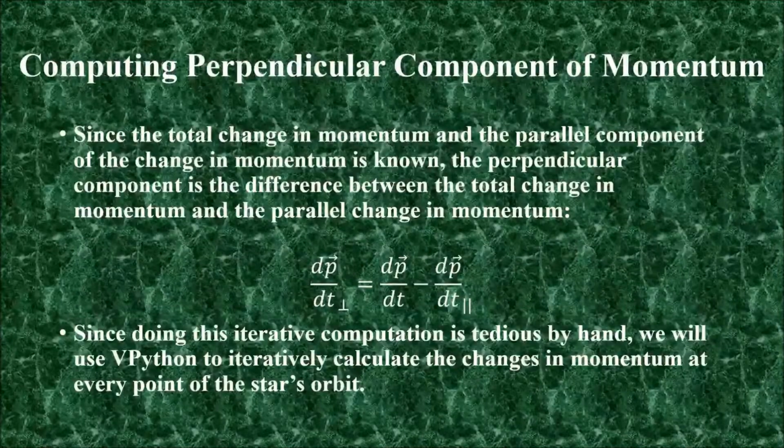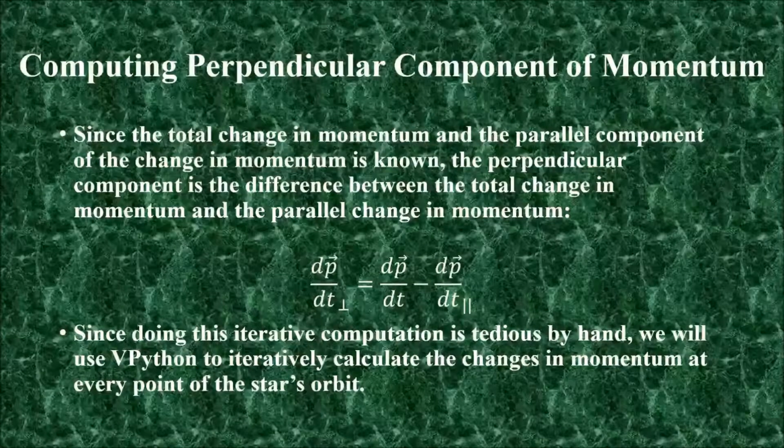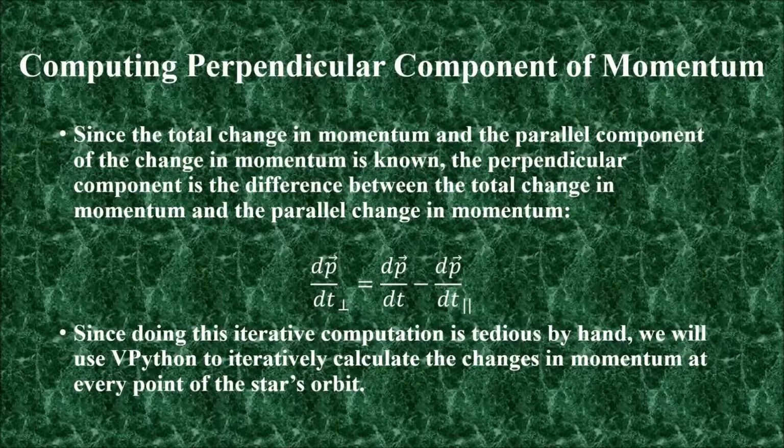Since the total change in momentum and the parallel component of the change in momentum are known, the perpendicular component is the difference between the total change in momentum and the parallel change in momentum, since the sum of the parallel and perpendicular components equals the total change in momentum.